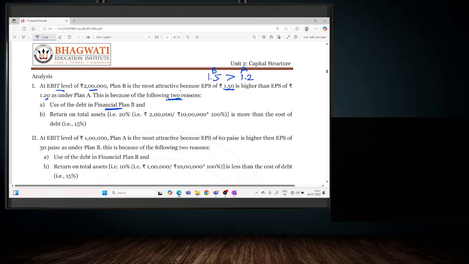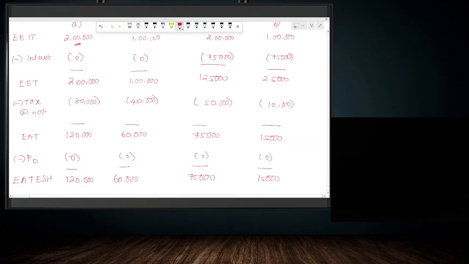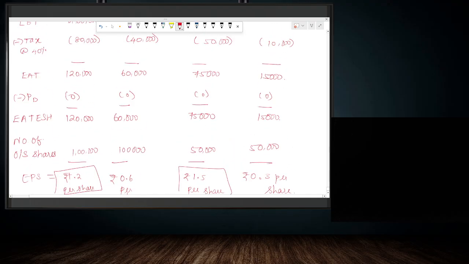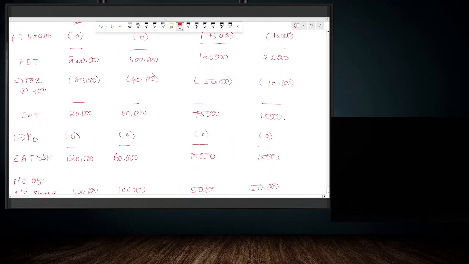So EPS under plan B is greater than EPS under plan A because of two reasons. First, use of debt in financial plan B, and the second reason is return on total asset is more than the cost of debt. Listen, the second point is important to understand. What is the total amount of return the company is generating?